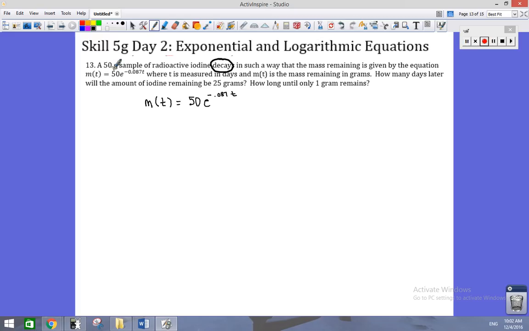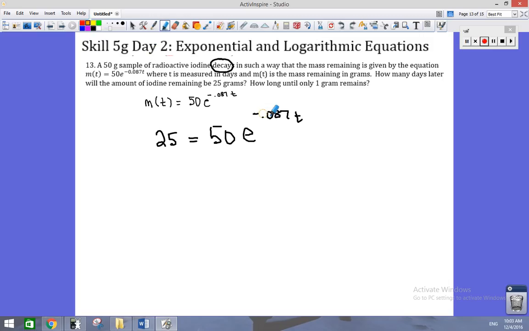So this 50 grams, in so many days, will be at 25 grams. So the left-hand side is 25, and the right-hand side has the variable we want to solve for. Now this equation is just like the ones we've been doing. The word problem doesn't have anything to do with it now, because we've substituted the value and we now know to solve for t.